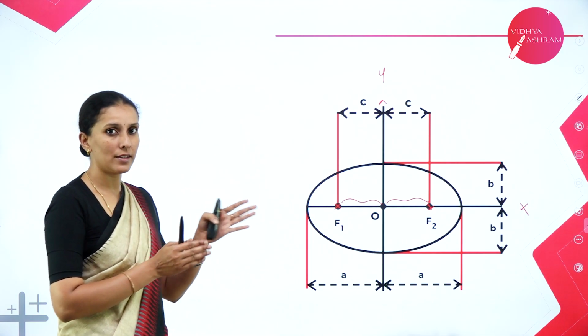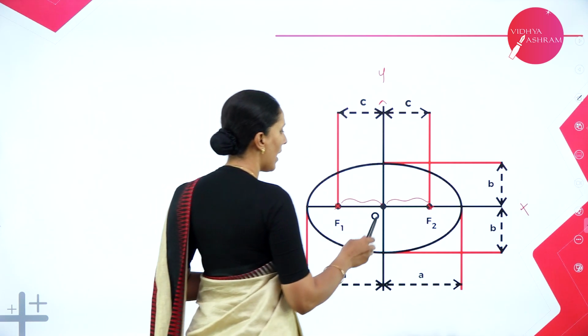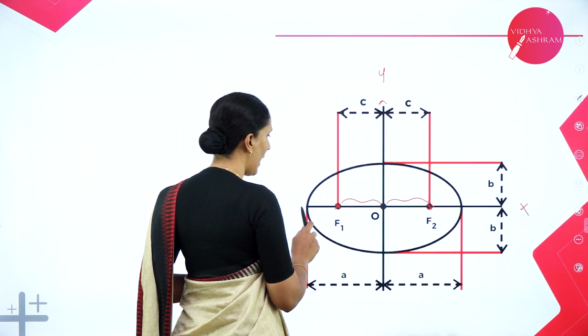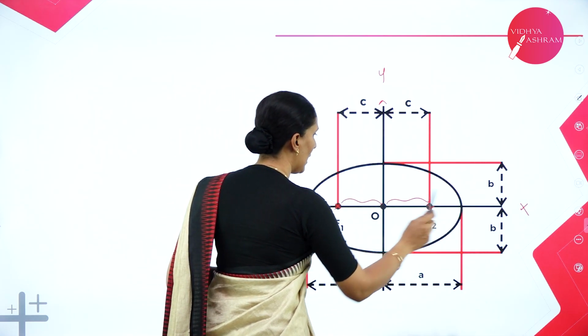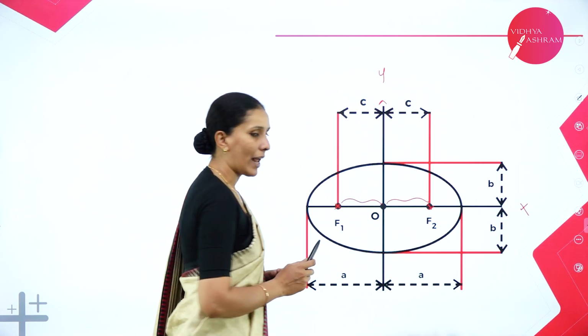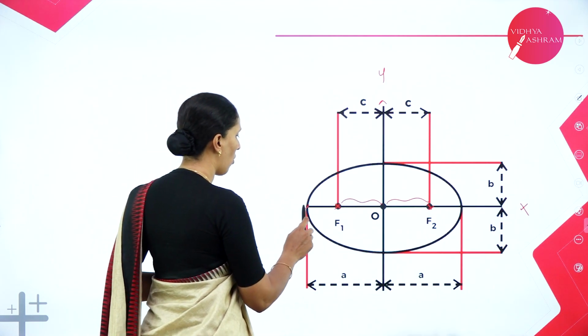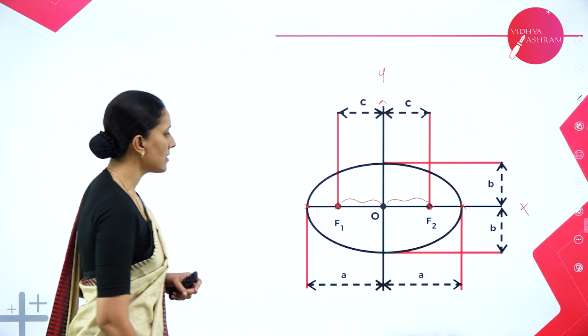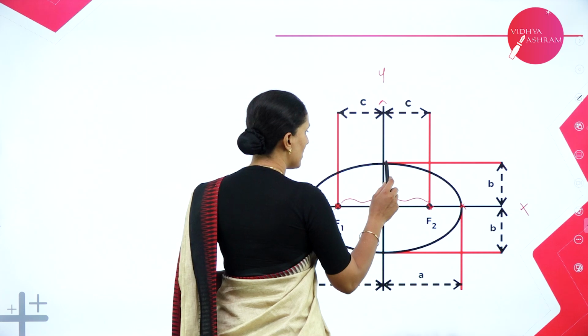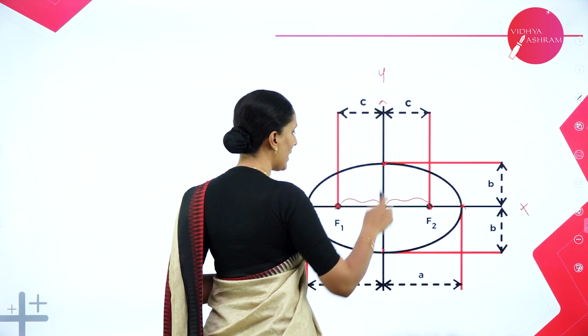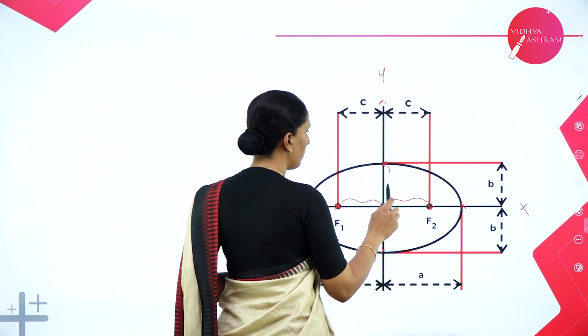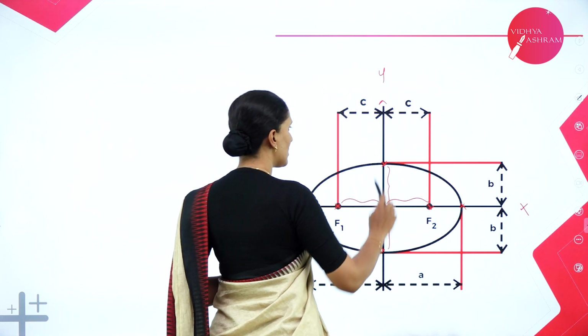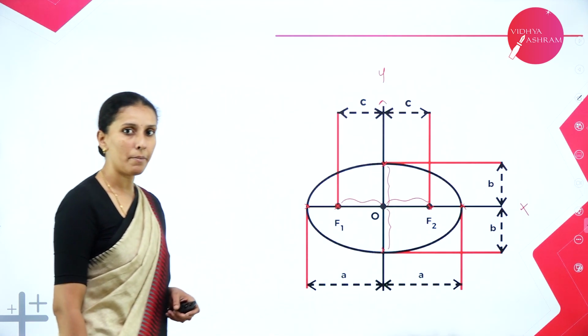We'll take the origin as the center. Between the focus and the ends of the ellipse along the major axis, these points are called vertices. And the ends of the curve along the y-axis give the distance for what is called the minor axis.